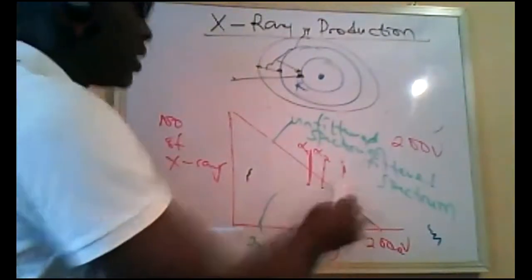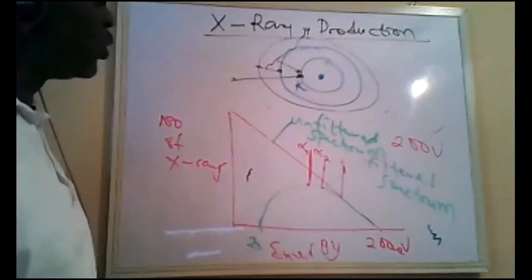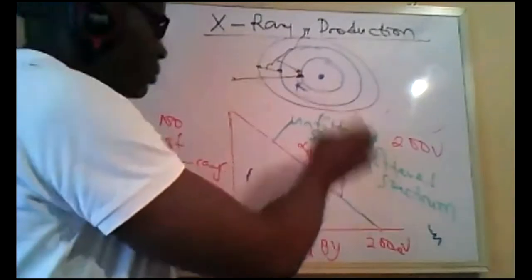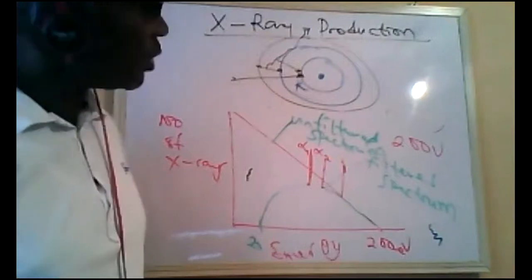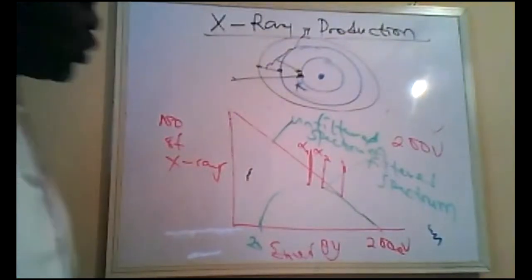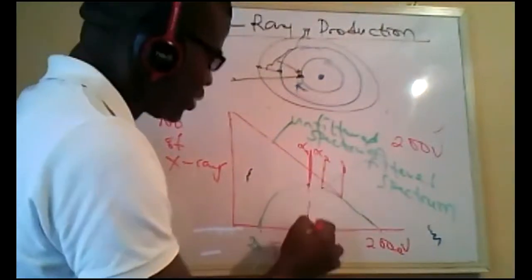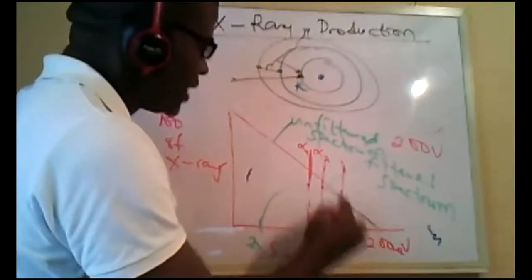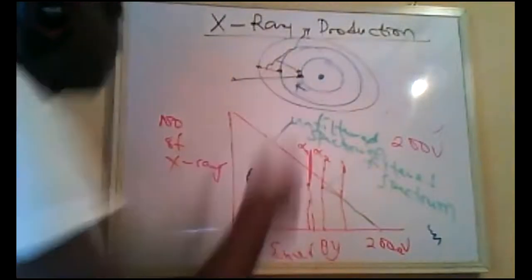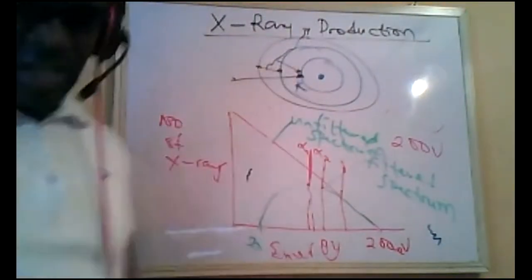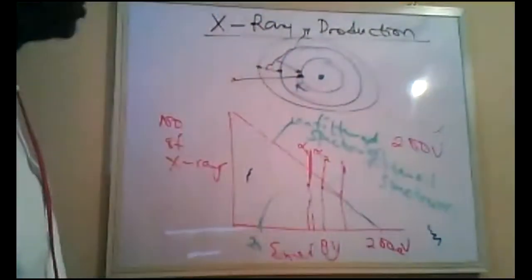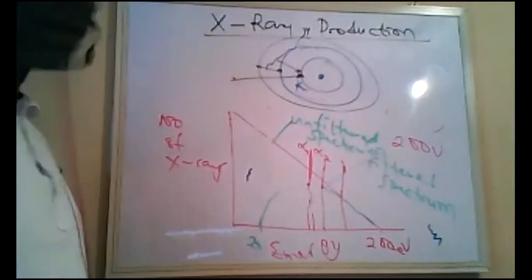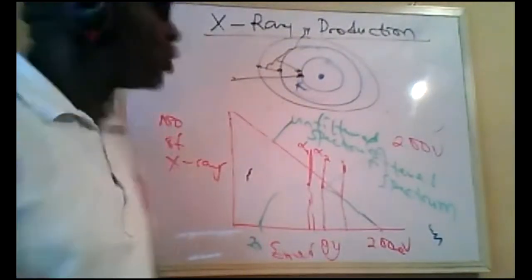So this is the characteristic portion of the X-ray that has been imposed on our filtered Bremsstrahlung spectrum. They have their particular energies, and those energies are constant, because the binding energy of each shell has a constant value. That's just the brief about the calculation of X-ray based on the Bremsstrahlung and the characteristic energy contribution.